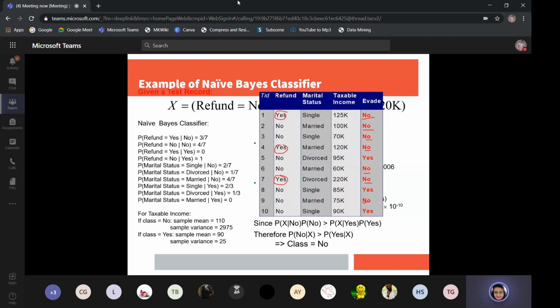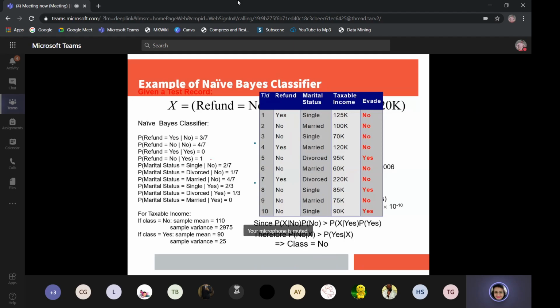and 3 of them. So probability of refund is equal to yes given the class is no is 3 by 7, and for refund equals to no given the class is no is 4 by 7. Probability when refund is equal to yes given the class is yes is 0, that we have already computed, and probability that refund is no given the class is yes is 1.